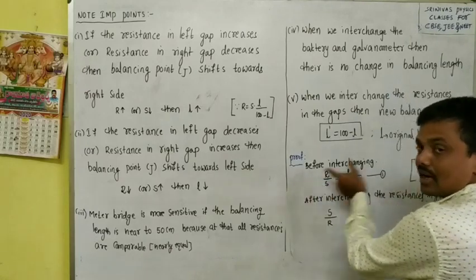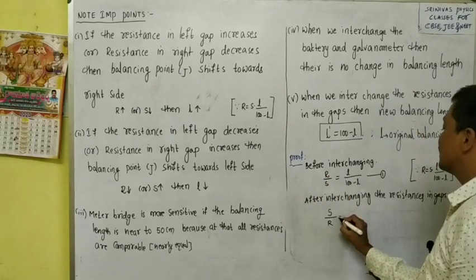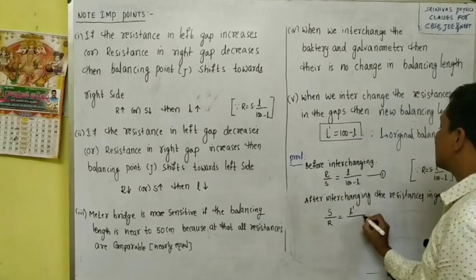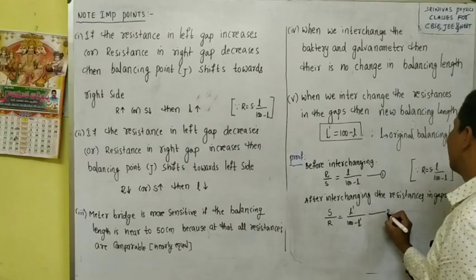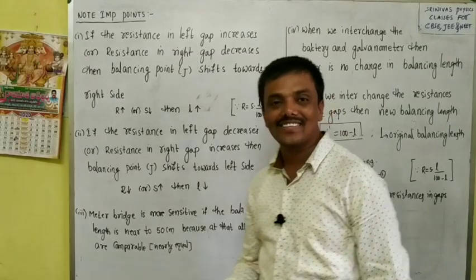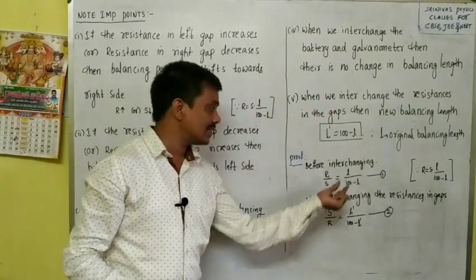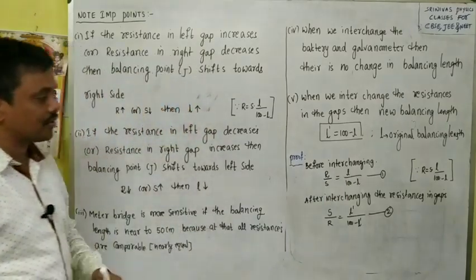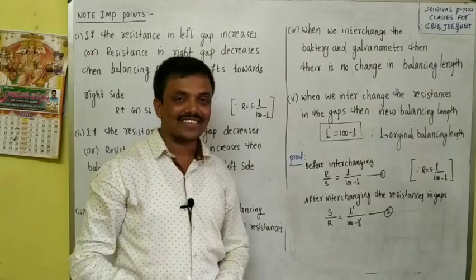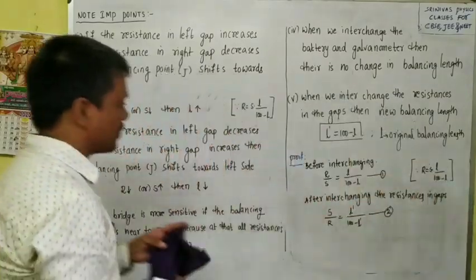S will become the left side, R will become the right side. Then R will become S, S will become R after interchanging. At that moment, the new balancing length, I am taking L dash, gives L dash by 100 minus L dash, right? What I want to know is the L dash, the new balancing length, in terms of the old balancing length L. Then further, we have to use these two equations and we can find the L dash. It is very simple. Let us see how to find it.